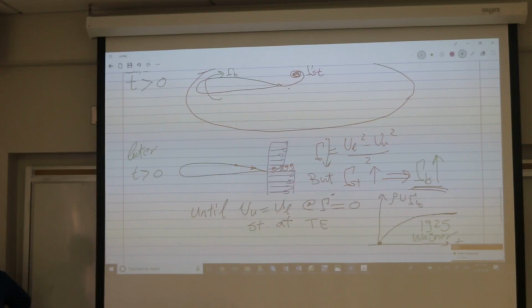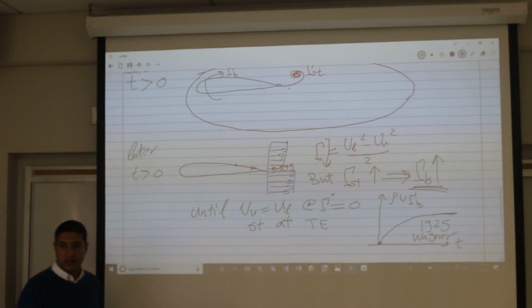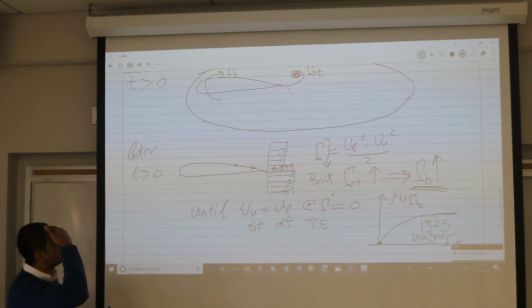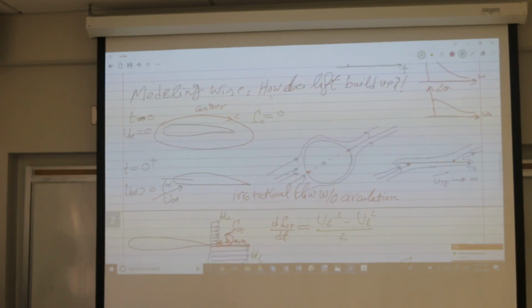Of course, the Wright brothers did not know all these physics, and perhaps the engineers of Boeing and Airbus don't care about all these physics, but I'm sure that in the future, where unsteady aerodynamics will play a great role, we will need to know this physics. Any question about the lift generation, the lift development over an airfoil? Like you see here, the process is not that easy. It has a lot of physics in it.